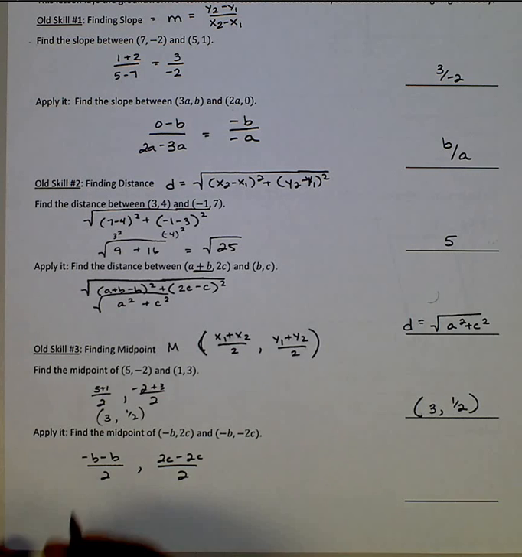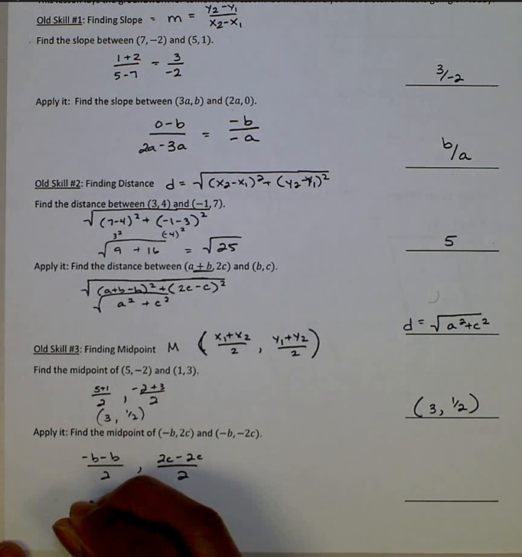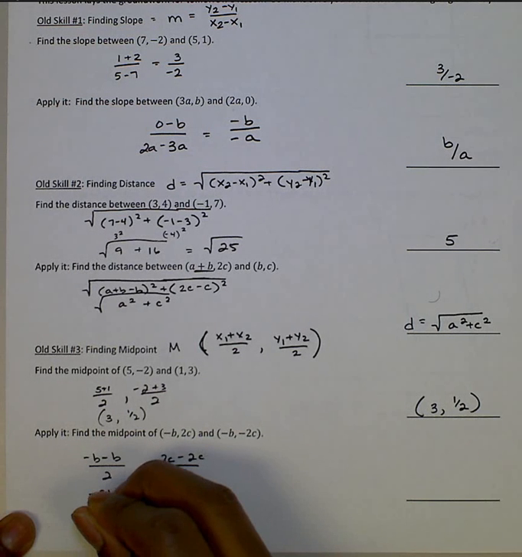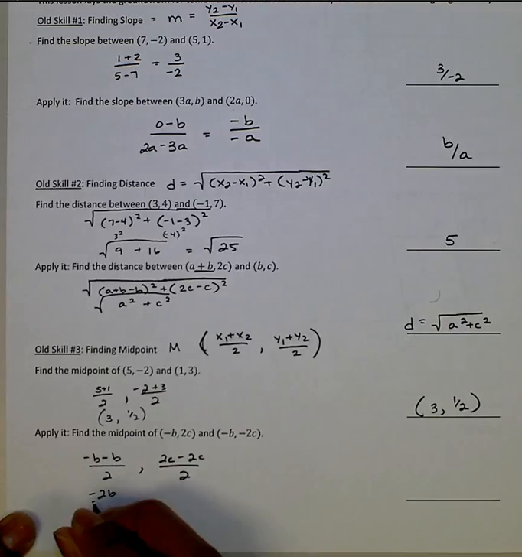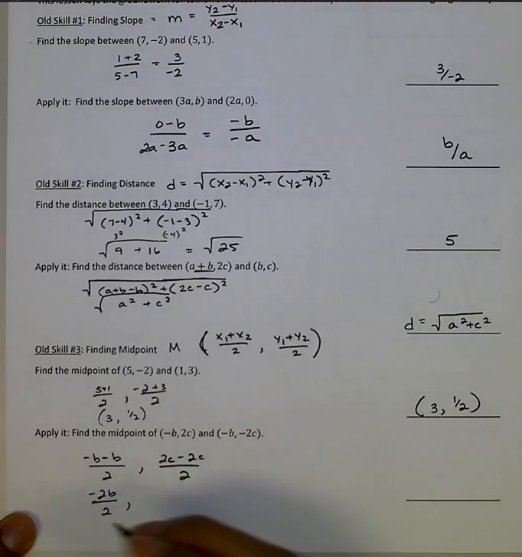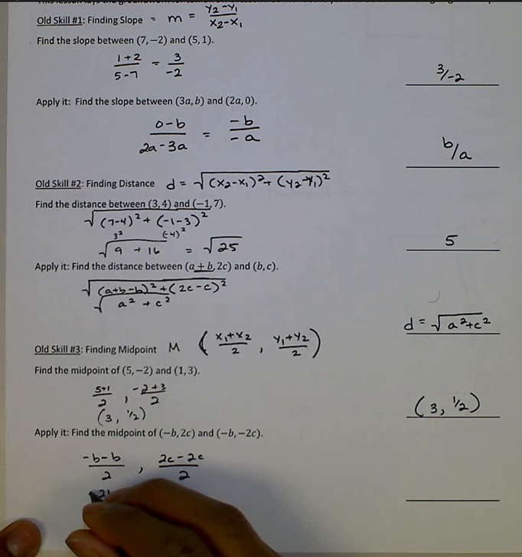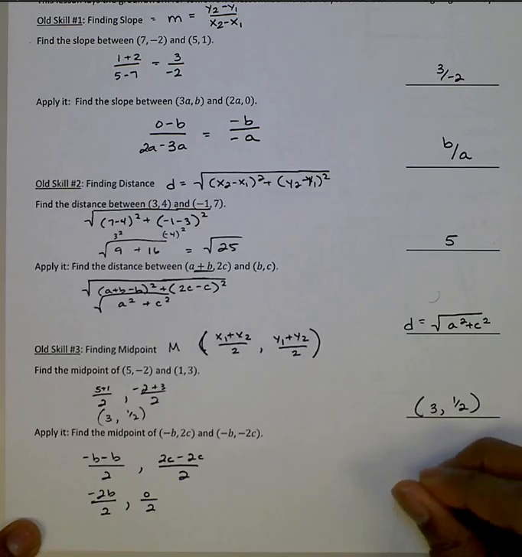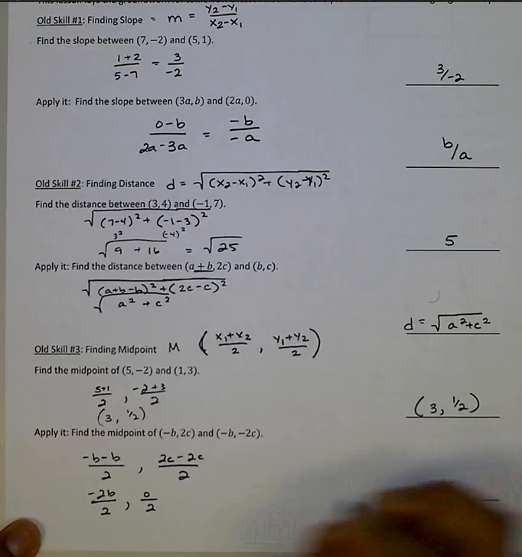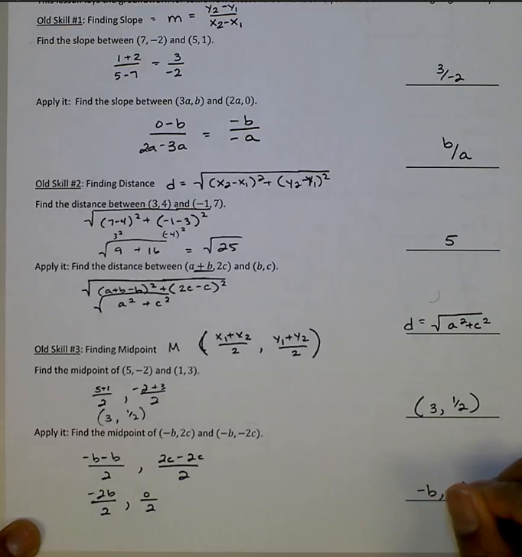So negative b minus b gives me negative 2b. 2c minus 2c gives us 0, and 0 over 2. Now we just simplify this. Negative 2b divided by 2 is just negative b. 0 divided by 2 is just 0. And so our midpoint would be there.